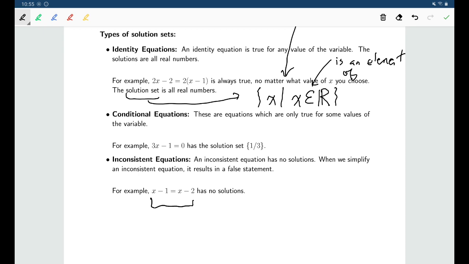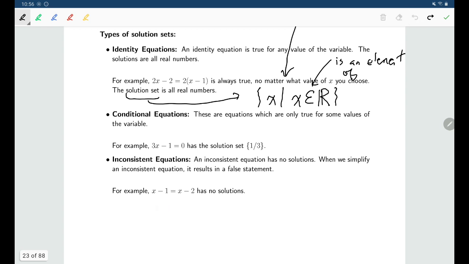And the reason we know that is if you were to take this equation and simplify it, move x's to one side and move constants to the other, so if I moved the x to the left side and move that -1 to the right side, then this would give me the equation 0 equals -1. And that's certainly not true. That's completely a false statement. 0 is certainly not equal to -1, and that's how I know that that's an equation that is inconsistent. It's an equation that has no solutions.